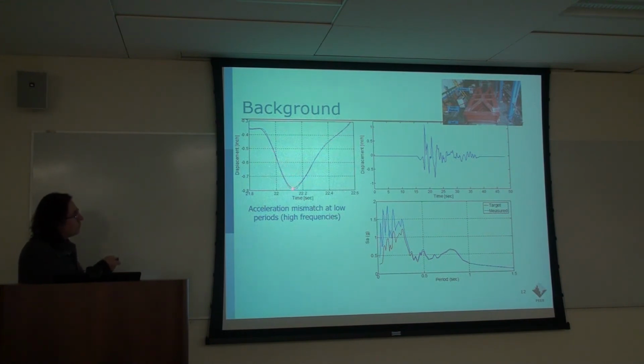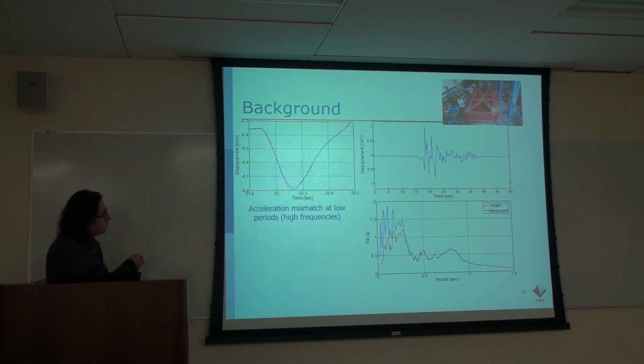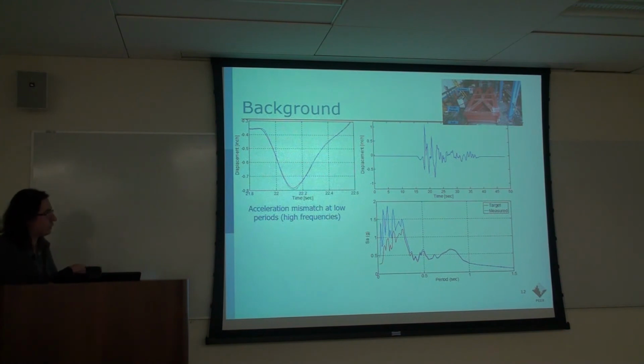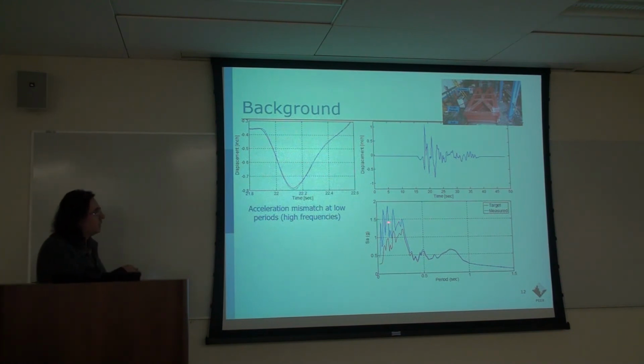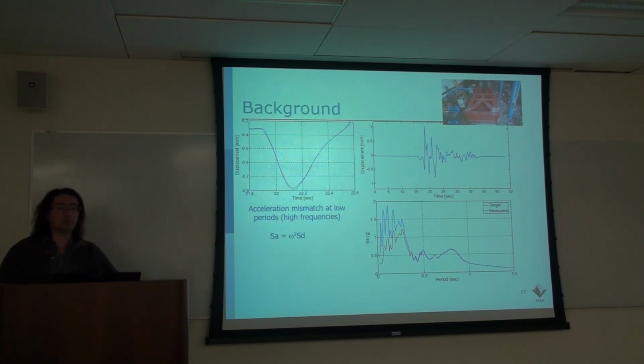There is a little bit of overshoot, which is not that important in terms of displacement, but this gets translated to the acceleration as really large errors for lower periods and high frequencies. The reason for that is the relation between spectral acceleration and spectral displacement, where the spectral acceleration is equal to the frequency squared times the spectral displacement.